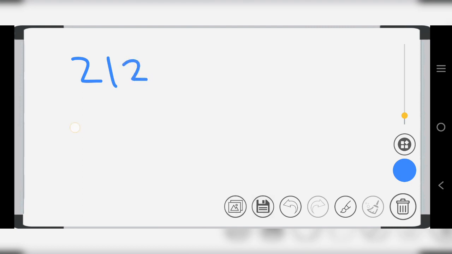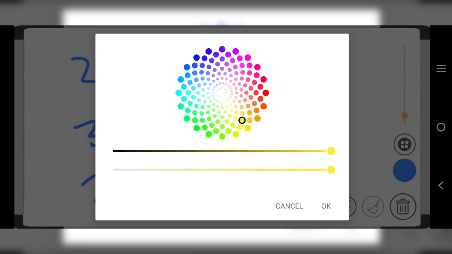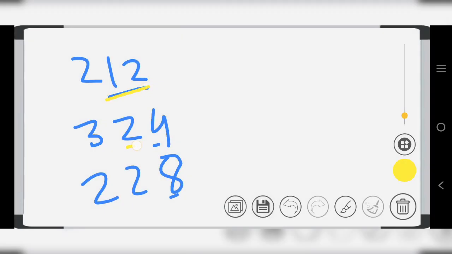So 212, 324, 228. Here we won't see the last digit or add up the numbers. We just see the last 2 digits, that is 12, 24 and 28.